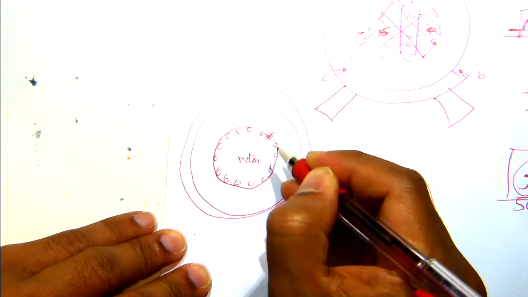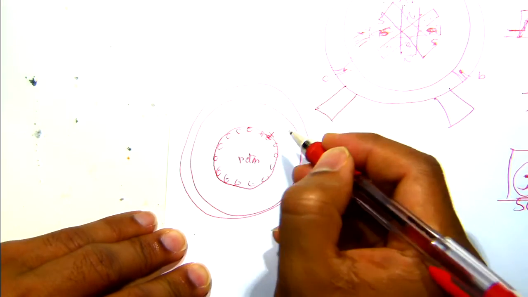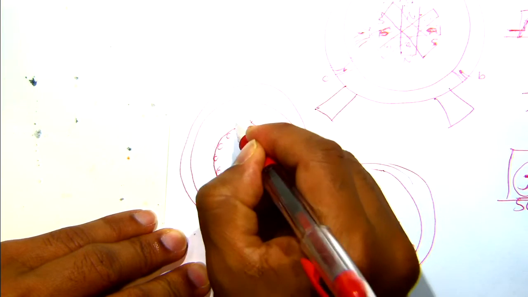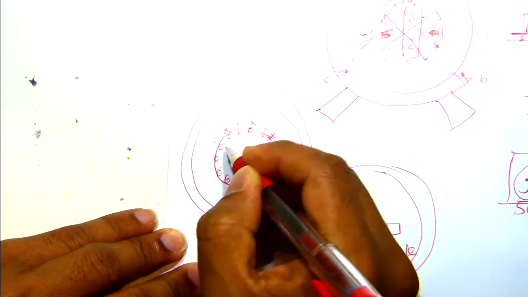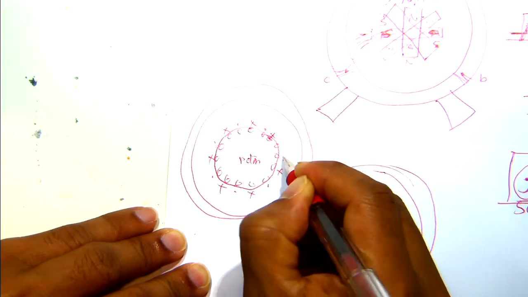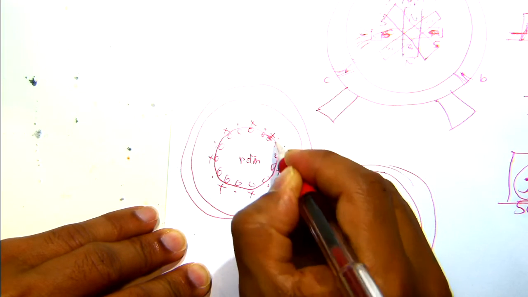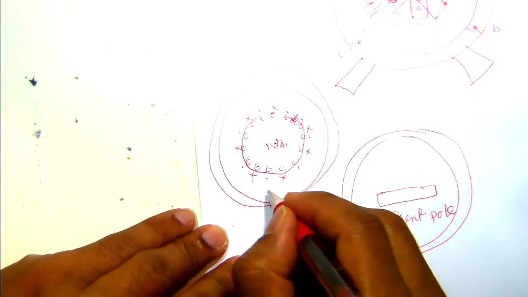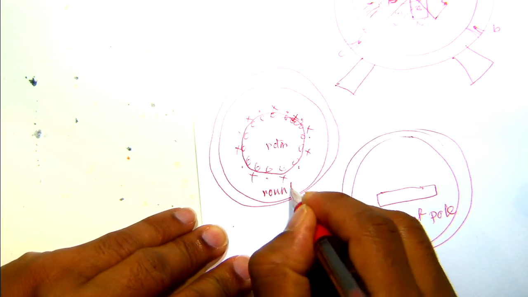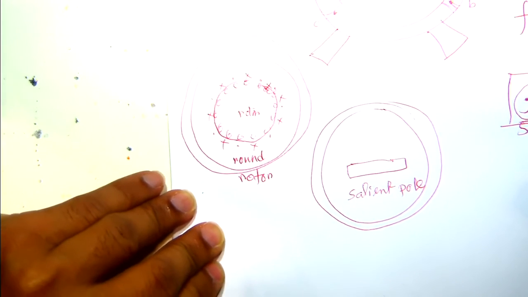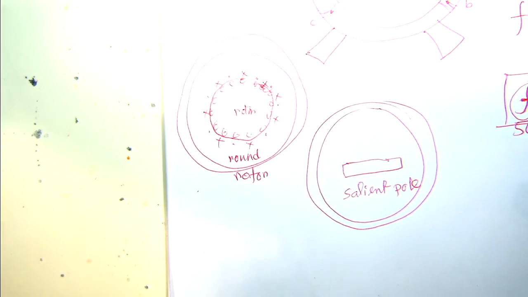A cross means positive DC side, this means negative DC side. And these are called round rotor synchronous machines.